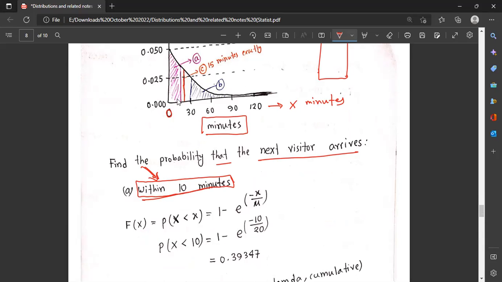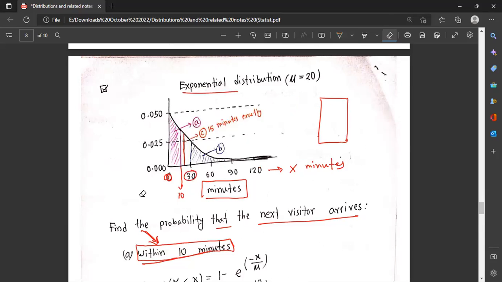So here is 0 and here is 30. So 10 can be here, maybe. And so we are interested in this pink part here, which I have marked A. So from 0 to 10, we are interested in this part.